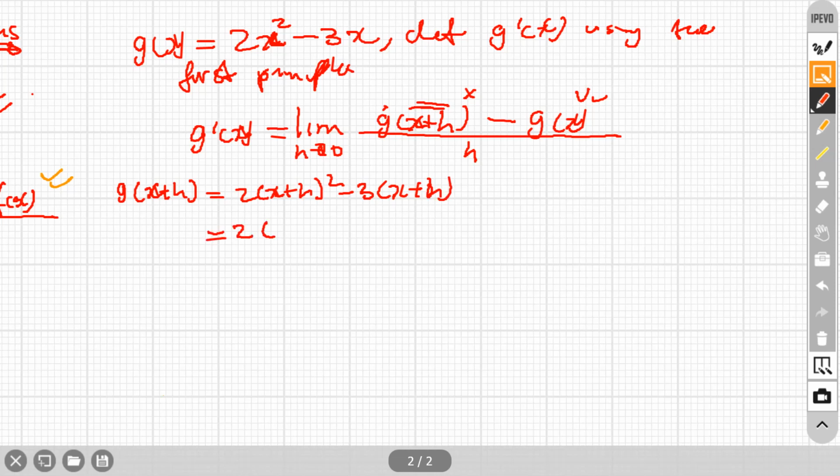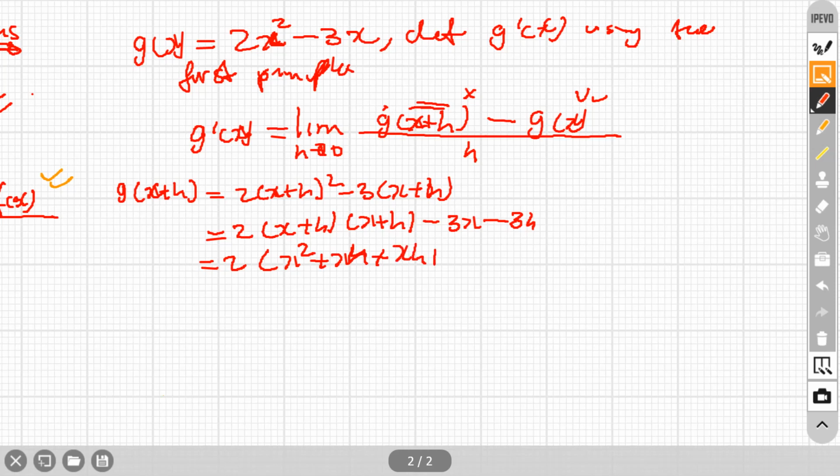This basically means two brackets of the same thing, then here we get minus 3x minus 3h, then here we get 2 into x squared plus xh plus xh plus h squared, then we close the bracket.